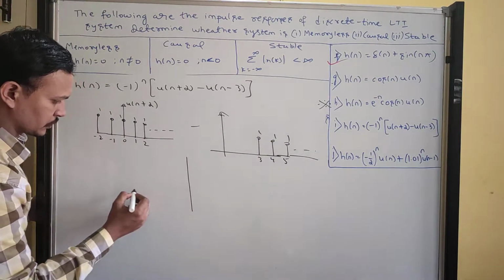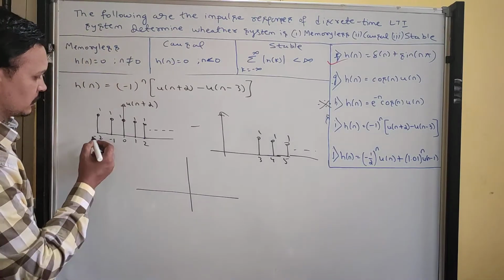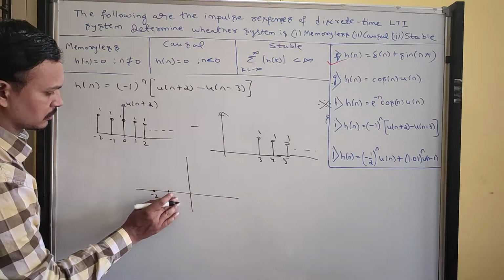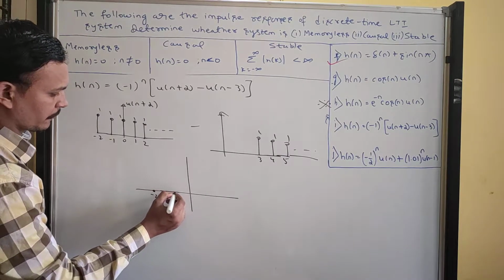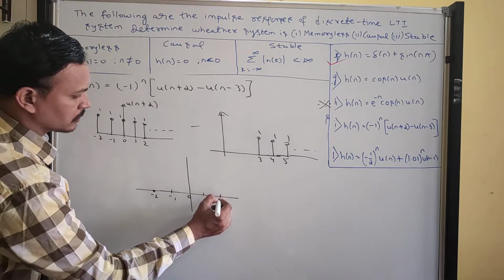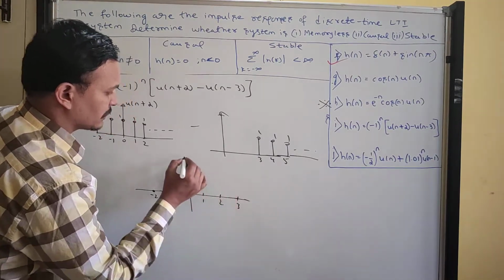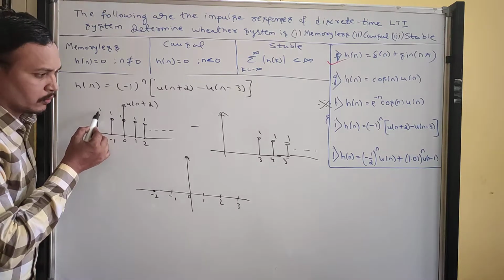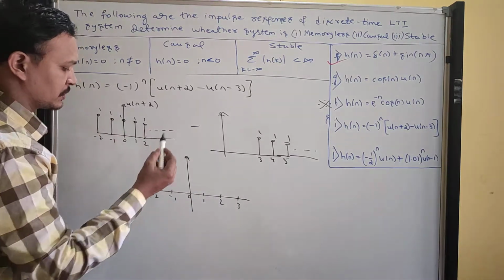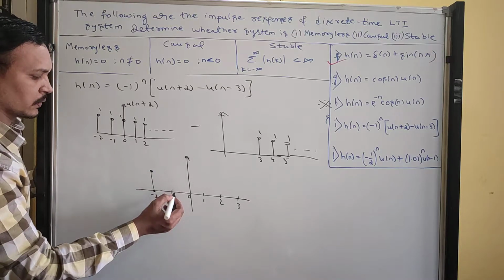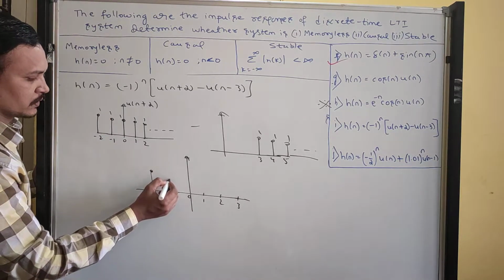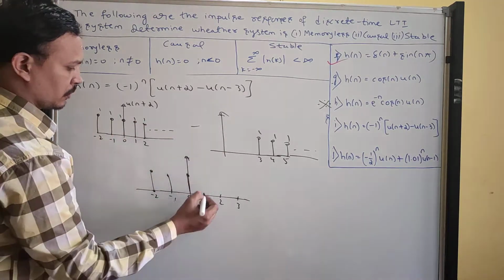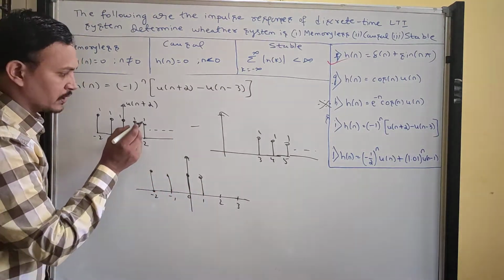By subtracting those two, you can predict. At -2 you have a sample. So -2, -1, 0, 1, 2, 3. At -2, what is the height? 1.